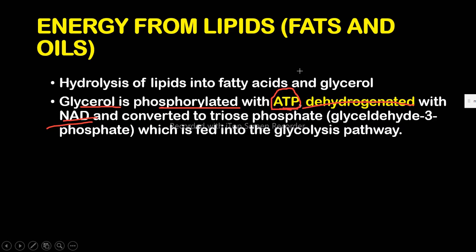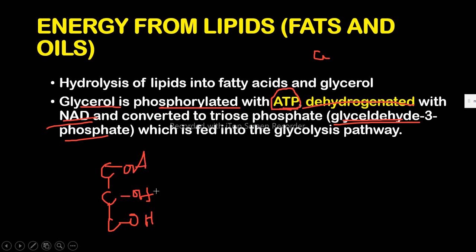So when you phosphorylate glycerol, what is it converted to? You convert it to glyceraldehyde 3 phosphate. So you have the OH here, and the OH here, and another OH here. This is carbon 1, 2, 3. You're going to add a phosphate group.